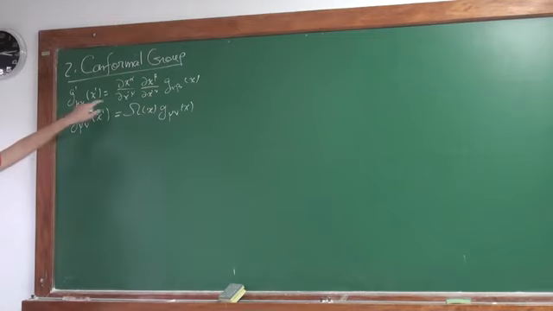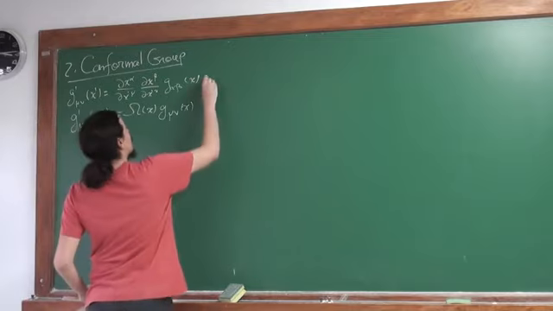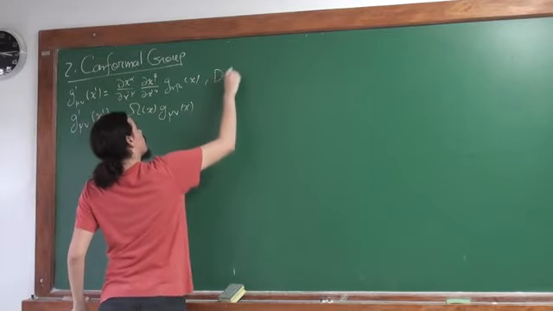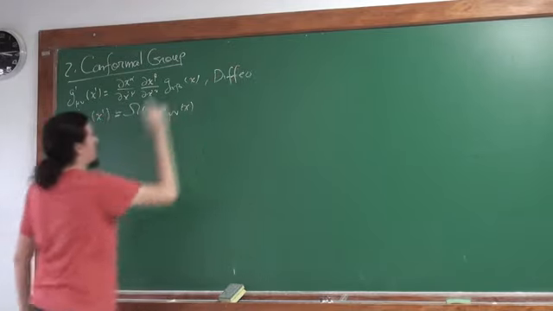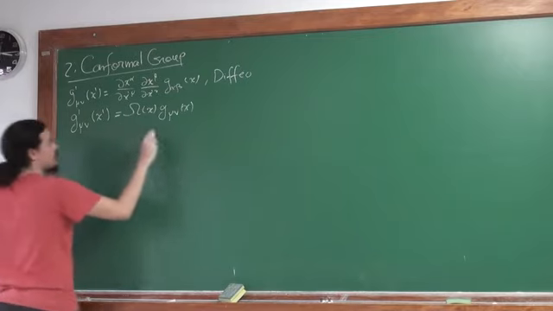This is what you see in every general relativity course, just an arbitrary change, an arbitrary diffeomorphism, diffeo for short. And in a conformal theory, it's just a special case of a diffeomorphism.